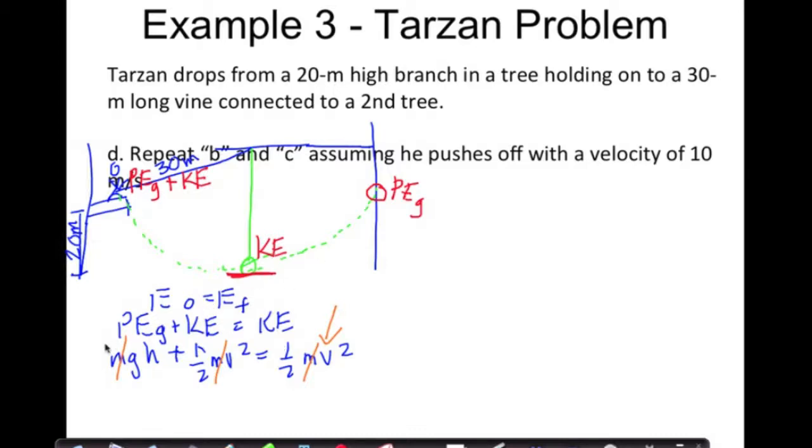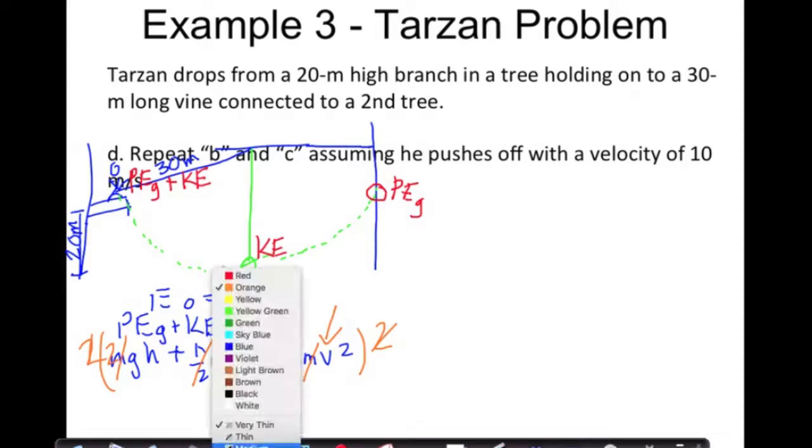So if we multiply through the whole equation by 2, 2 on this side of the equation and another 2 on this side, we can see that this 2 cancels with a half here. This 2 is going to be multiplied by mgh and a half, so this one's going to cancel.